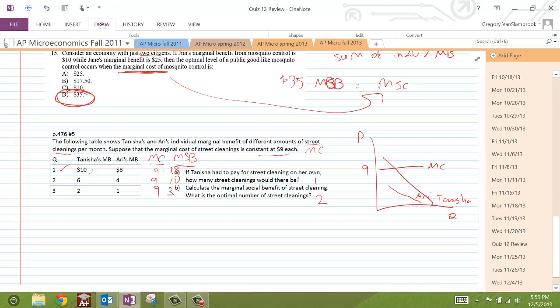But then the marginal social benefit looks like this: 18, 10, and 3. So here's 2, here's 1. And there you go. This marginal social benefit curve is the vertical sum of Ari's and Tanisha's marginal benefits. And you may need to deal with that kind of graph too, so be prepared for that.